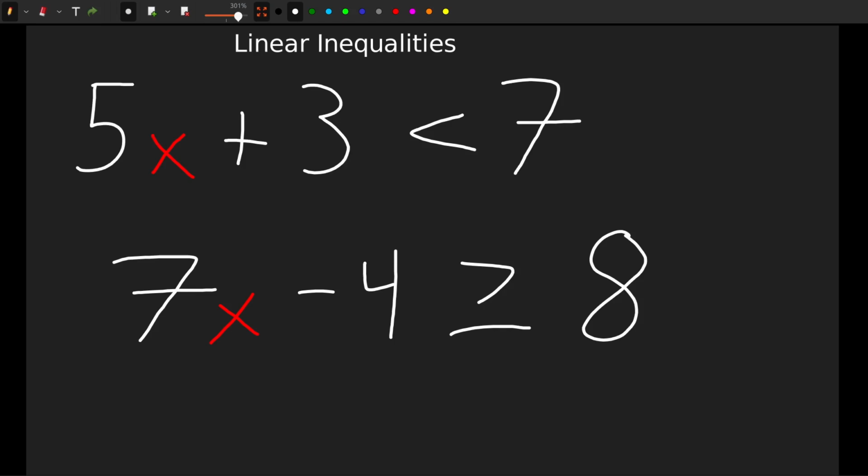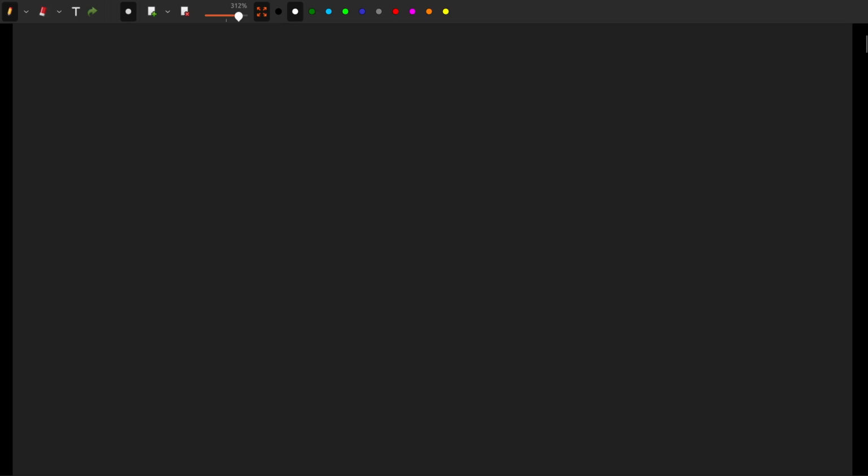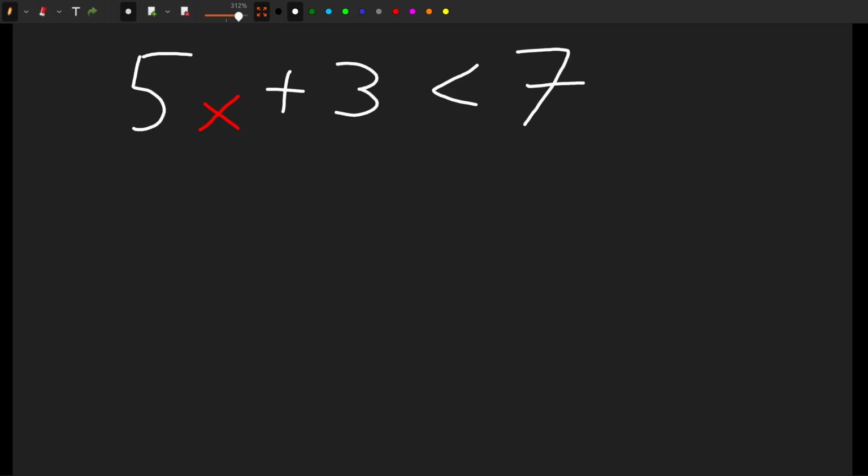Now, when trying to solve a linear inequality, we perform very much the same steps we would when dealing with a regular linear equation. If I take my first problem, 5x plus 3 is less than 7, and I want to solve for x, you could, in theory, just replace the inequality with an equal sign, solve it normally, and then put the inequality back.